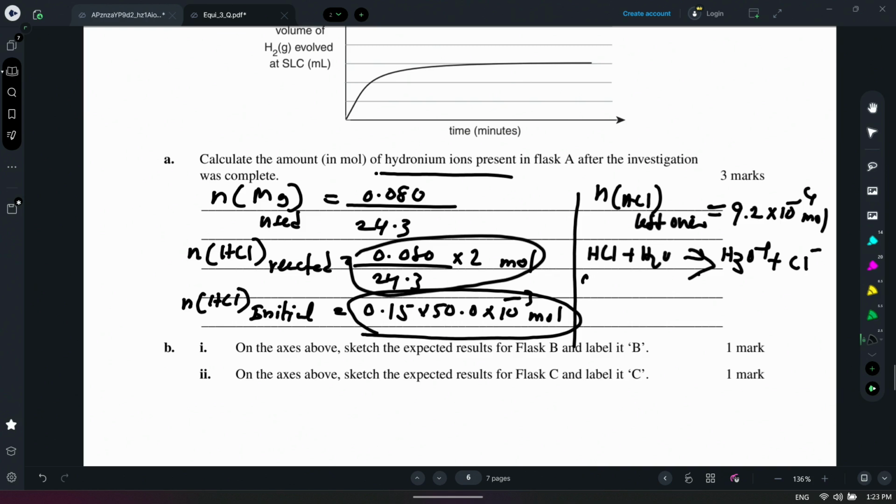Therefore, if you had 9.2 times 10 to the power minus 4 moles of HCl left over, you will end up getting the same number of moles of H3O+ as well. Is that clear? So the number of moles of H3O+ is also going to be 9.2 times 10 to the power minus 4 moles.